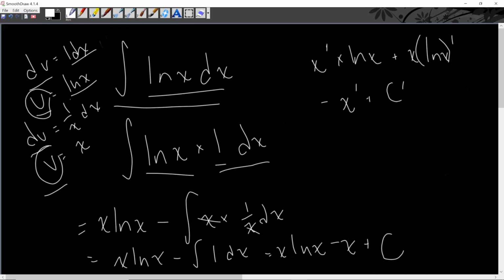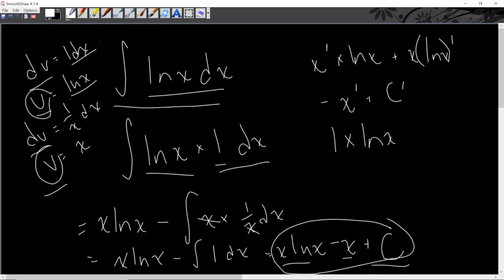So we did product rule for this, and then we just did the derivative of those two, right, to find the derivative of all of this. And now x prime is going to be 1. It's 1 times x to the 1 minus 1, so x to the power of 0, which is 1. So 1 times ln x plus x times 1 over x, as we said, minus 1 plus c.